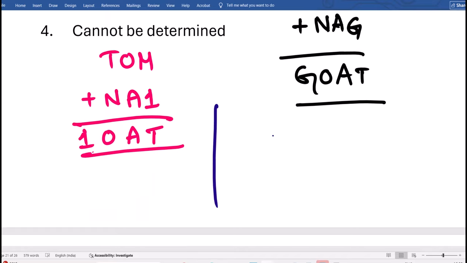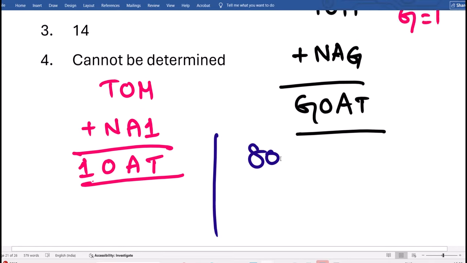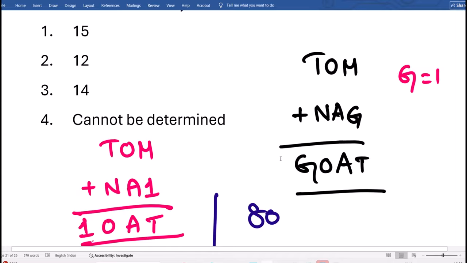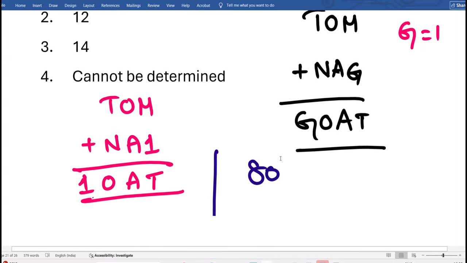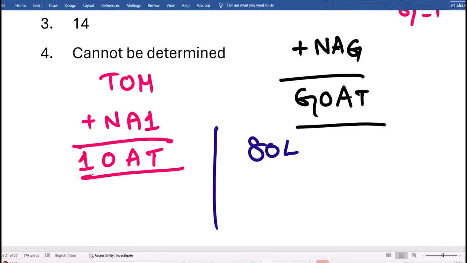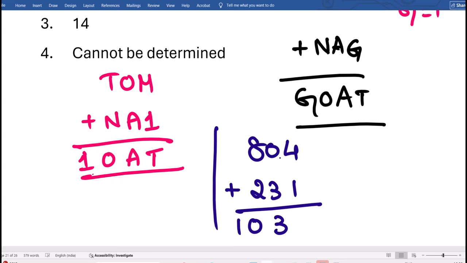804. O value cannot be 0, no? Okay, 804. 804 plus 2, 3, 1, 1, 0, 3, 5. Okay.